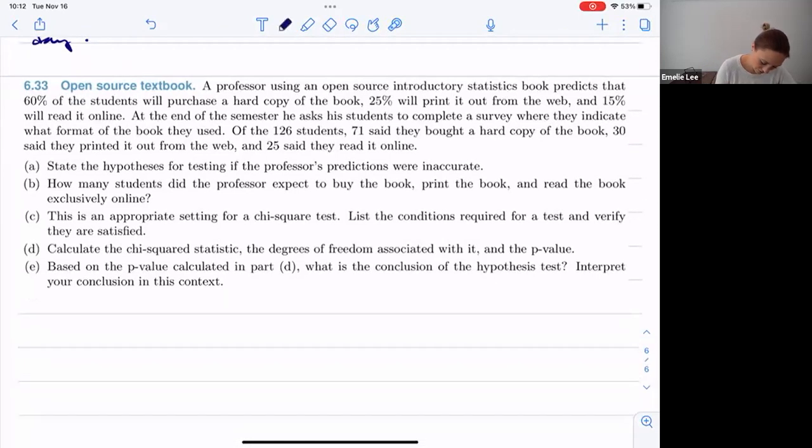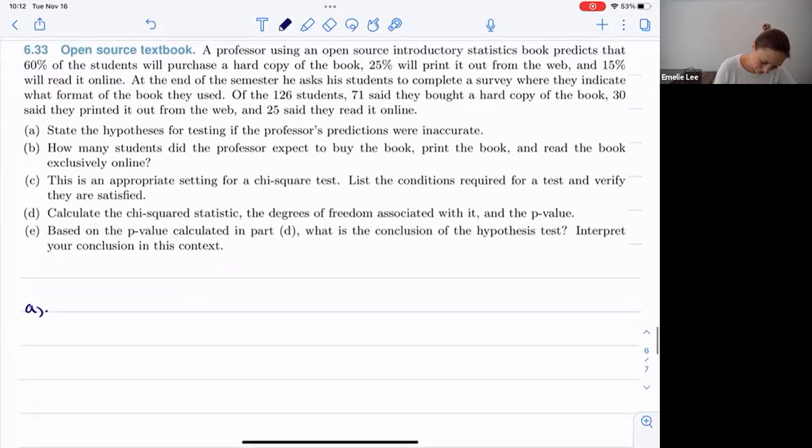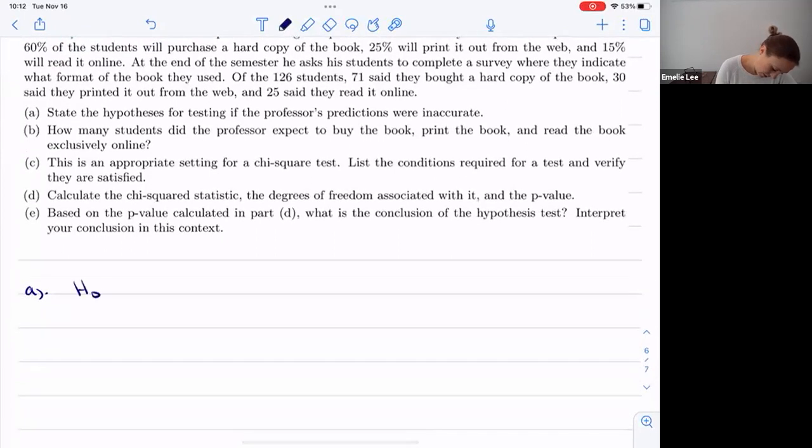So for part A, our null hypothesis is going to be something along the lines of the professor's predictions were accurate, or let's say the predictions of 60%, 25%, and 15% were accurate.